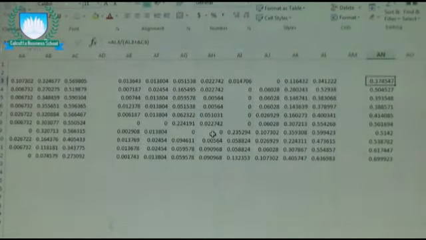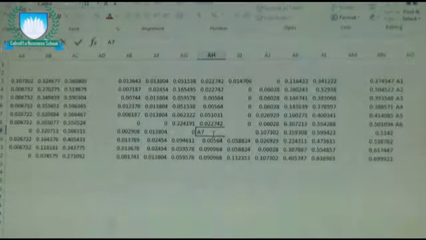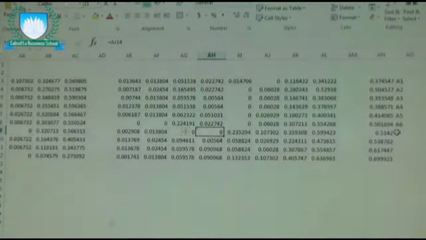Now clearly, let me just type this. This was A1, A2, A3, A4, A5, A6, A7, A8.